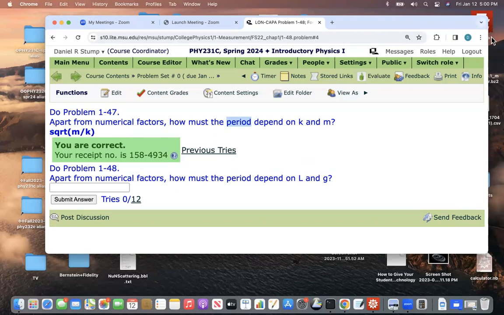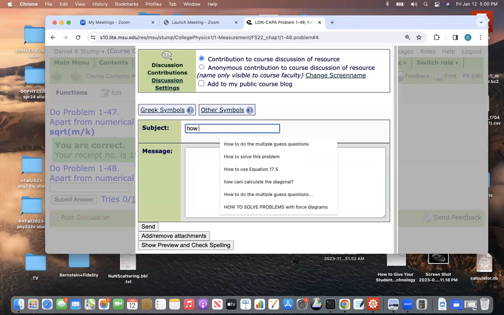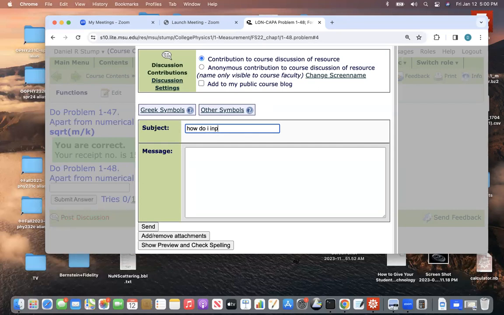A good way to get answers on questions is to type questions into the discussion board. Post a discussion: How do I input the answer? See FAQ number 10. Send that.